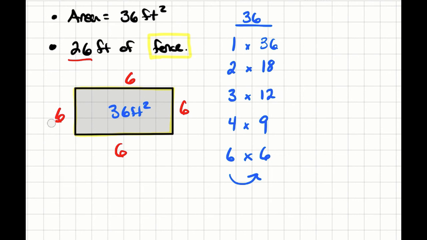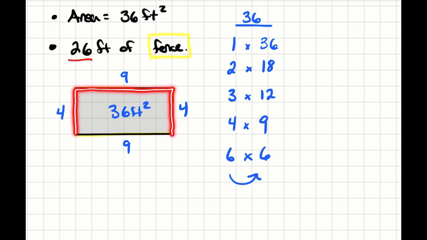But since it's close, let's try our next set of factors, which would be 4 and 9. Now, the way I draw this, I'm going to draw my 4s on my shorter sides and my 9s on my longer. Now, 4 times 9 is 36. And when I add up the sides, because perimeter is 4, plus 9, which is 13, plus 4, which is 17, plus 9 is 26, hmm, let me redo it: 9 plus 4 is 13, plus 9 is 22, plus 4 is 26.